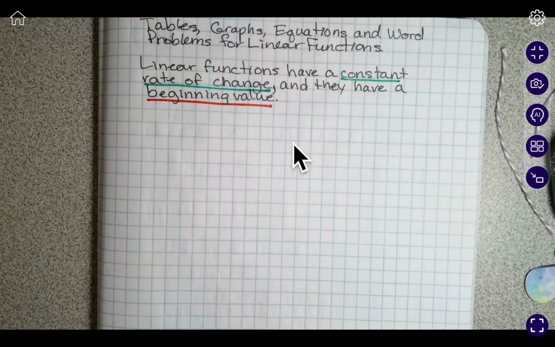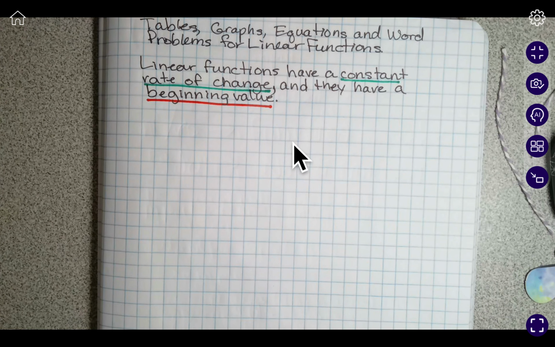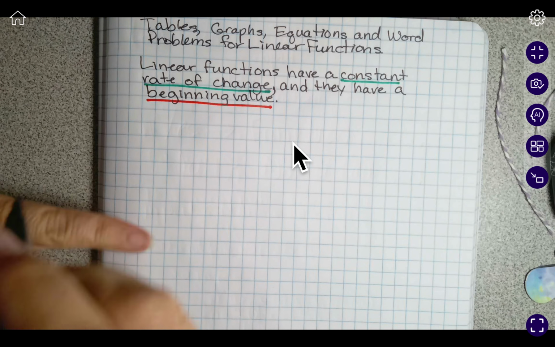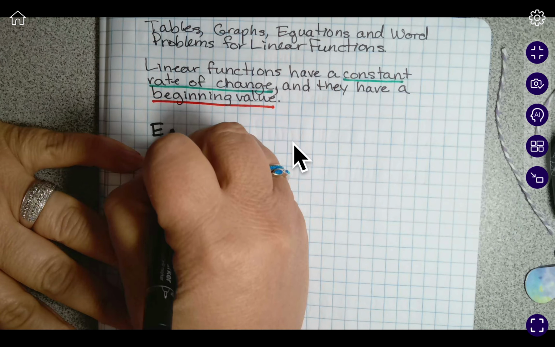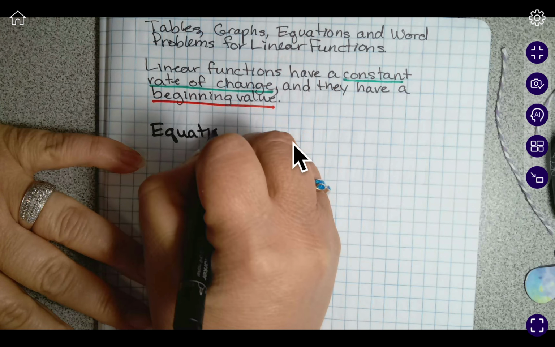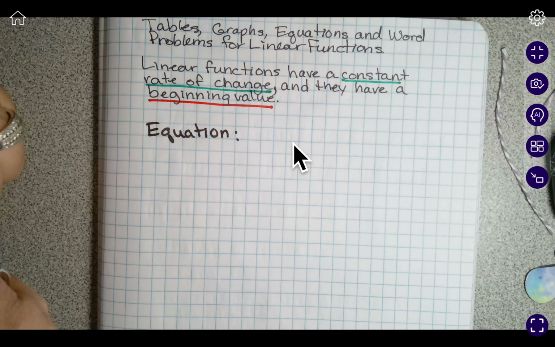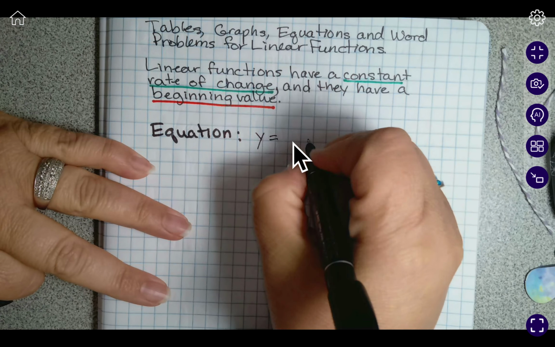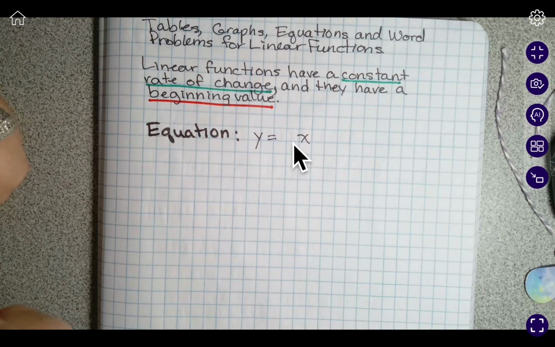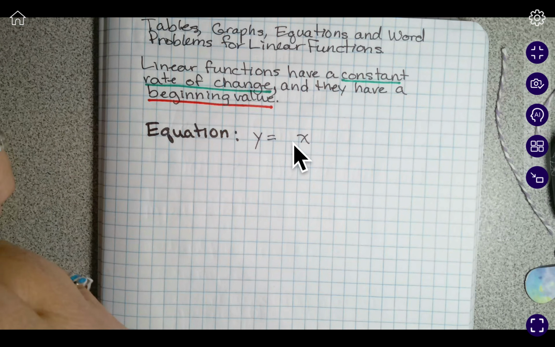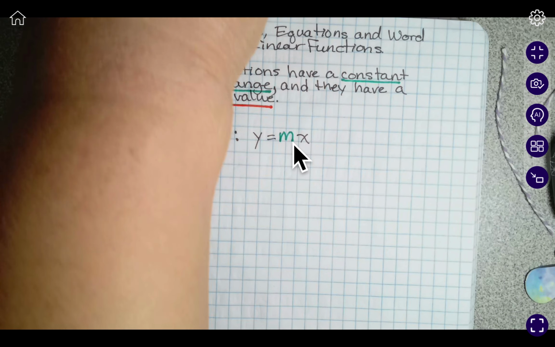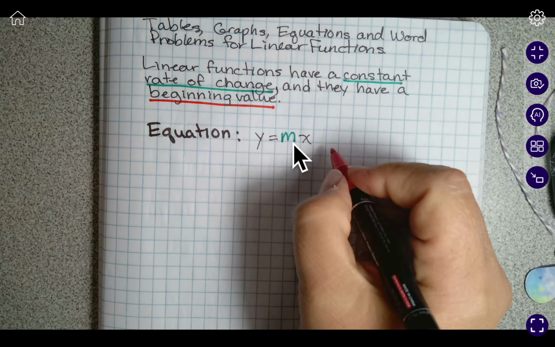Okay, the equation form is y equals m times x plus b.